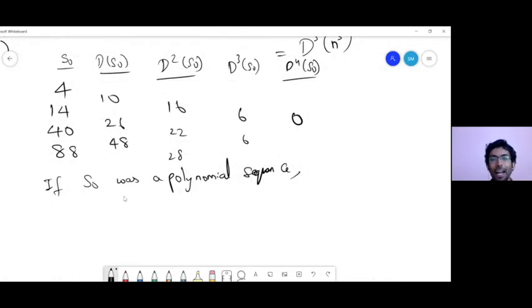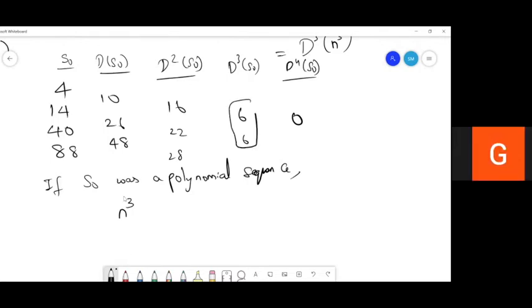And what is the coefficient of n cube, the highest degree? It is 1, because it has come as 6, a multiple of 6. So we know that if s naught is a polynomial sequence, then the first term should be just n cube plus something, right?